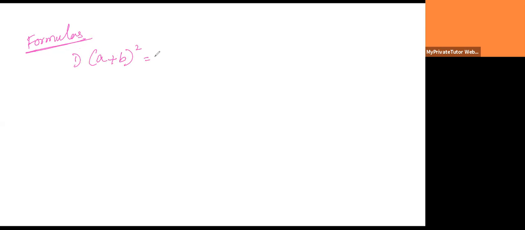What is the formula for this? a plus b whole square is nothing but a plus b times a plus b. So you just need to distribute and find the answer. You guys know this formula, this identity? Iris, Muhammad?